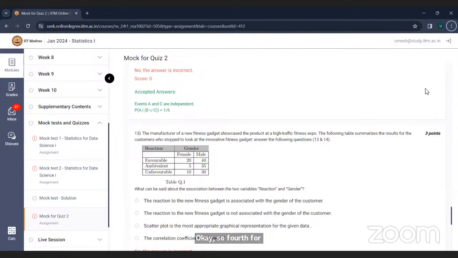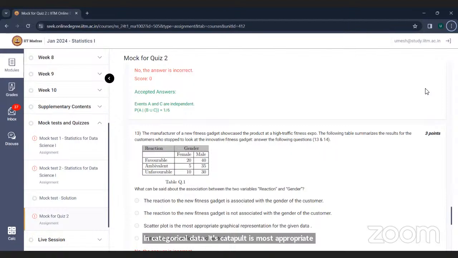Now, scatter plot is the most appropriate graphical representation of the given data. Is this correct? In categorical data, is a scatter plot most appropriate?